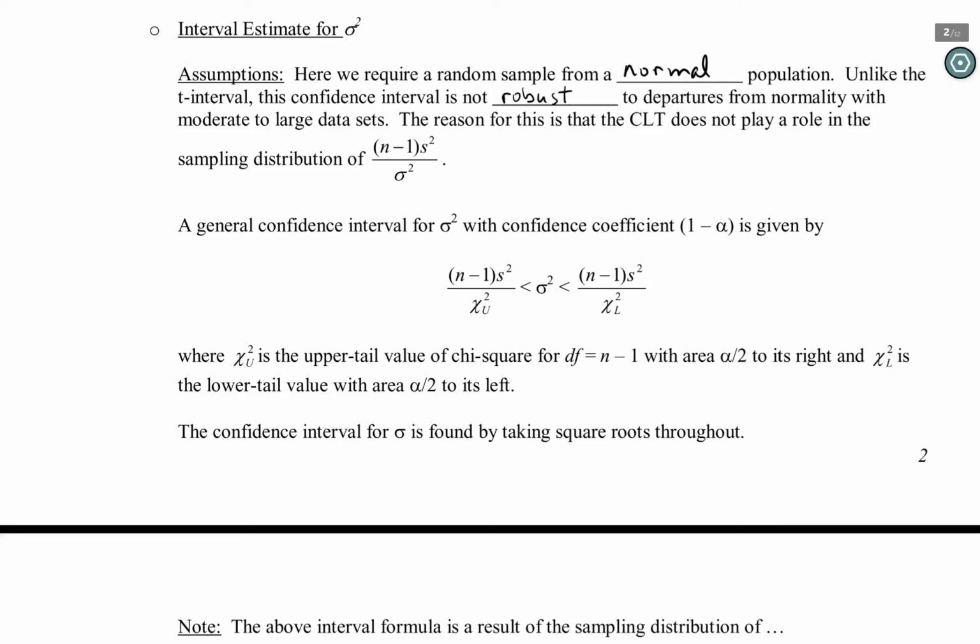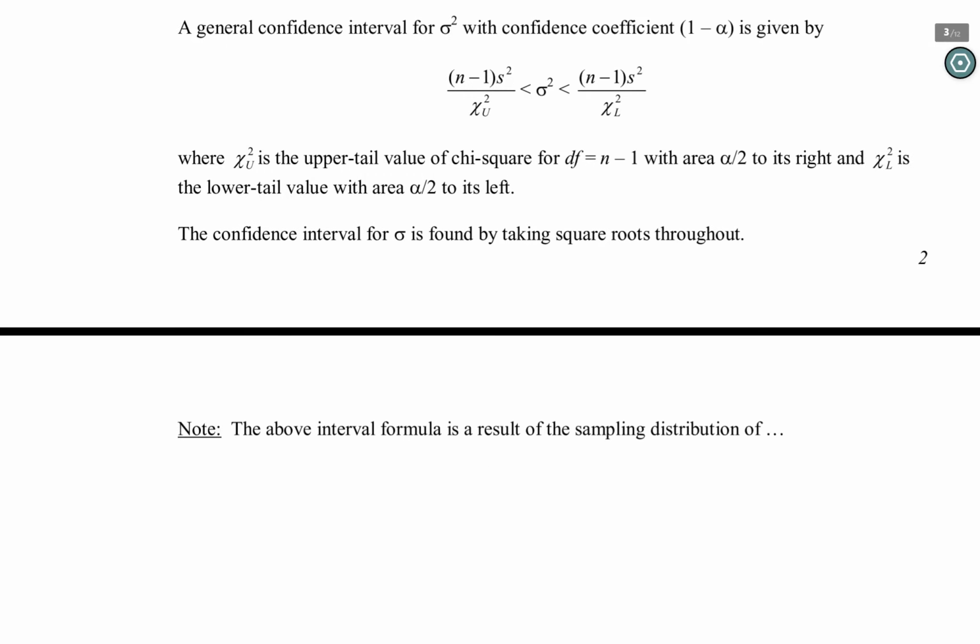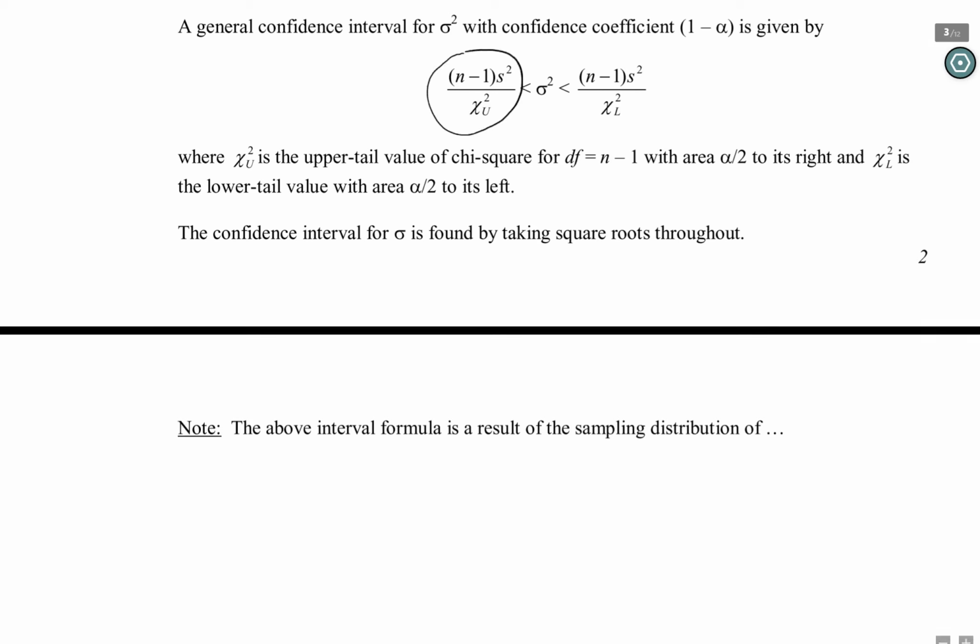Okay, the general confidence interval for sigma squared is given by this expression here. Here's our lower bound, and here's our upper bound. Okay, and so it is n minus 1 times s squared over chi-squared u.